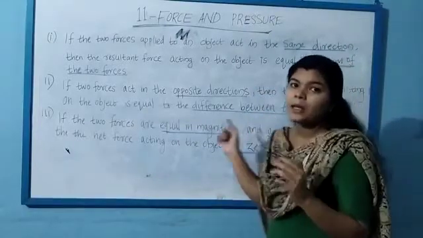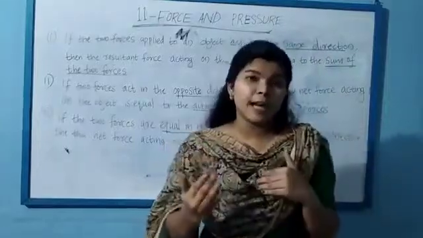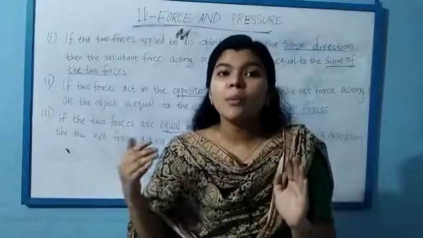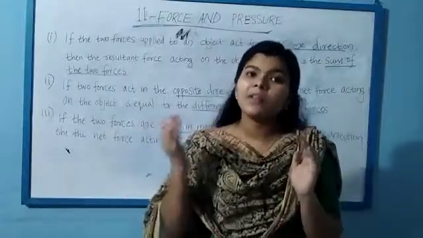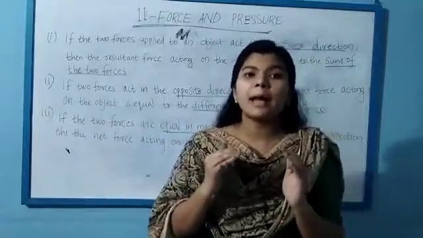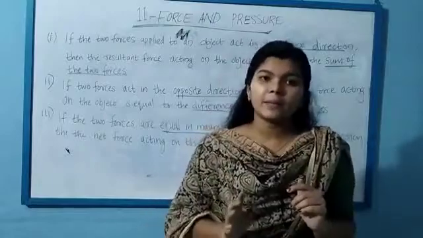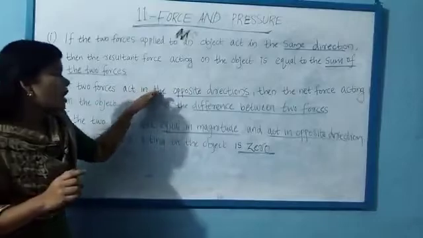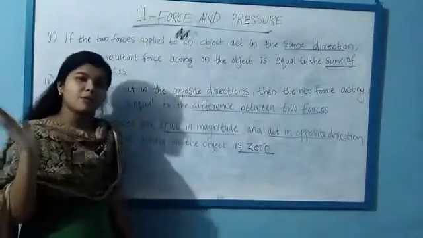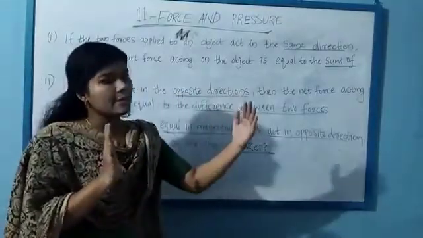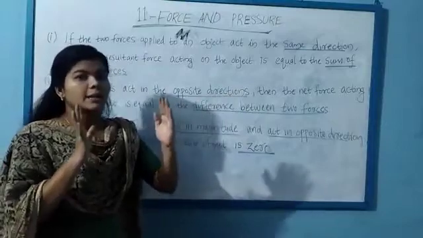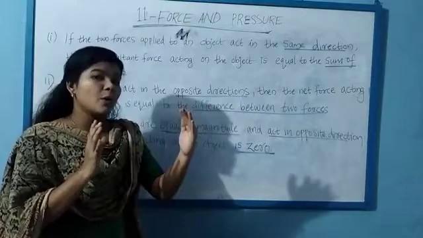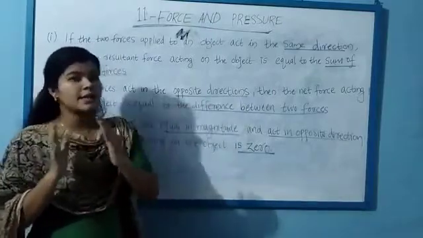Okay. So when your friend is applying a large amount of force, the body will move in accordance with the direction of force applied by your friend. That is, if two forces act in opposite directions, you are applying a force in this direction and your friend in this direction, and the larger force is applied by your friend, therefore the body will surely move in this direction.